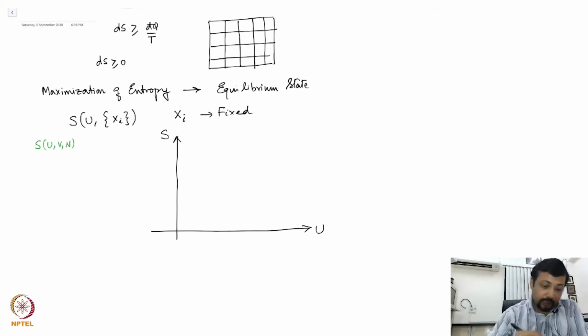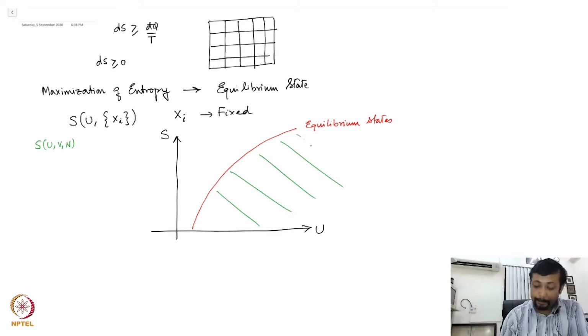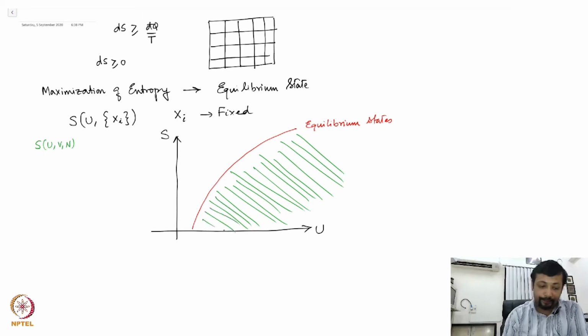Now let's draw a line over here. All the points on this line correspond to the equilibrium states, and all the points below this line essentially comprise your non-equilibrium states.